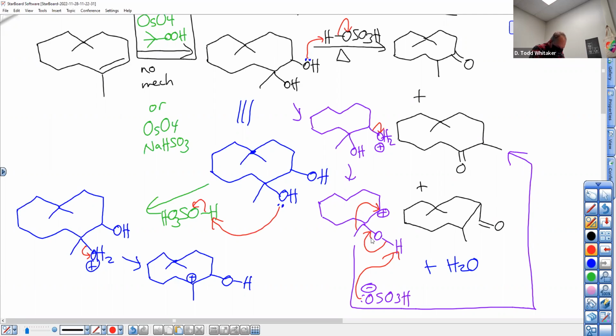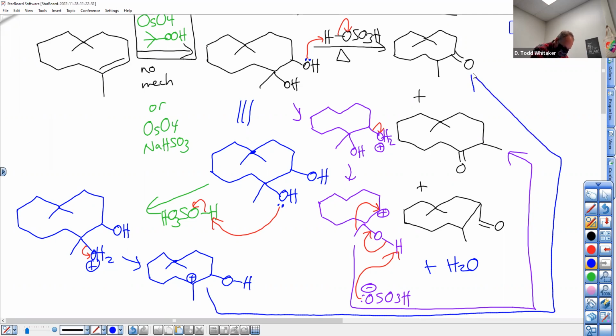And I like this other blue one for the first product. Can you get me there? It's the same thing, isn't it? What has to move? You can't just make a pi bond here. There's an H there that's not here.